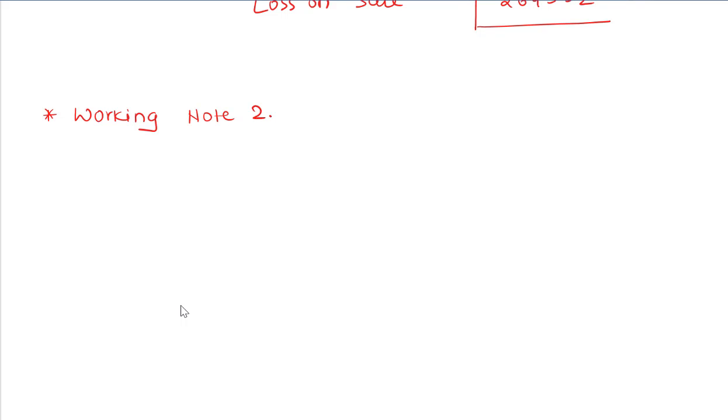Working note number 2. Calculation of loss on scrapped machine.